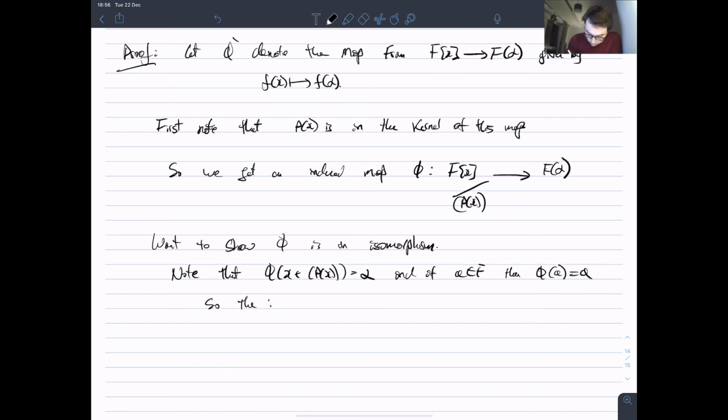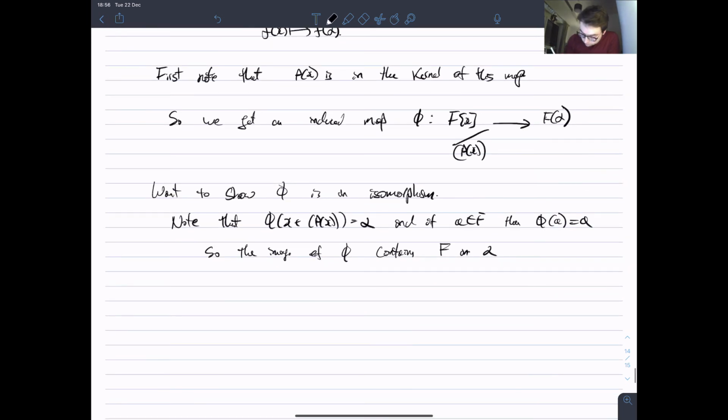So the image of phi contains F and alpha, because I can hit them both. Here's how I hit every element of F, and here's how I hit the element alpha. Moreover, phi is a field homomorphism. You can check this. So its image is again a field.